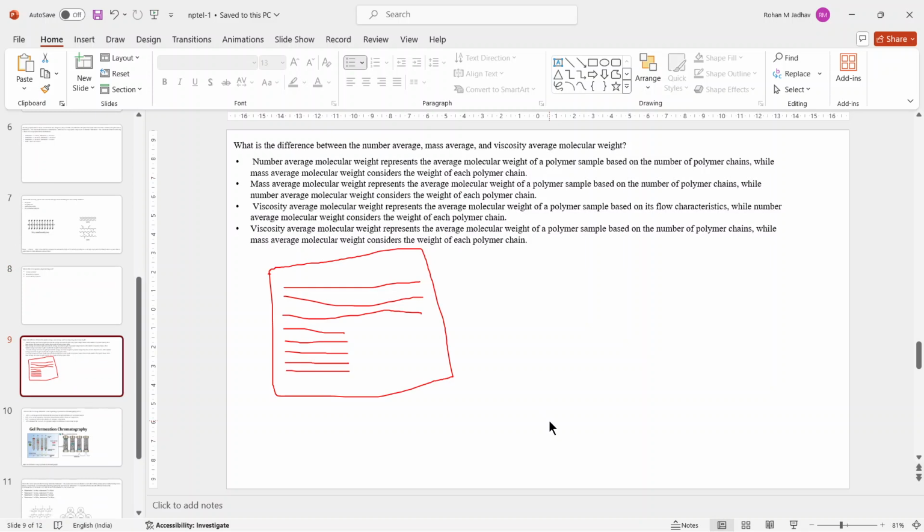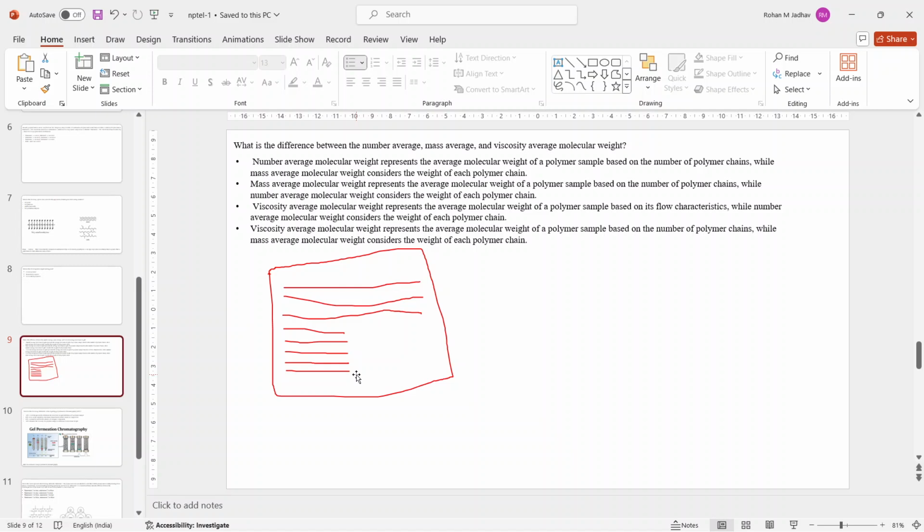Then, the basis of the definition of the number average, mass average, and viscosity average molecular weight. From the example which I gave right here, we have a few polymer chains involved. And if you want to represent the number average molecular weight, we'll be looking at the molecular weight of the chain which is repeating the most number of times. That's how you get the number average molecular weight.